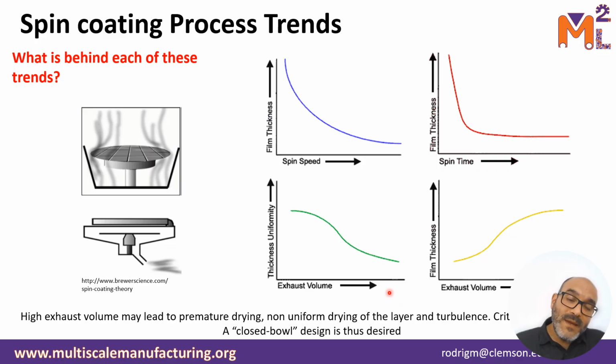Also, you will encounter different spin coater designs, where it can be an open bowl or a closed bowl. For example, over here on the top left, you have an open bowl design. When you put your substrate and your photoresist and start spin coating, all the solvent that is coming out during the spin coating will just evaporate into the atmosphere.